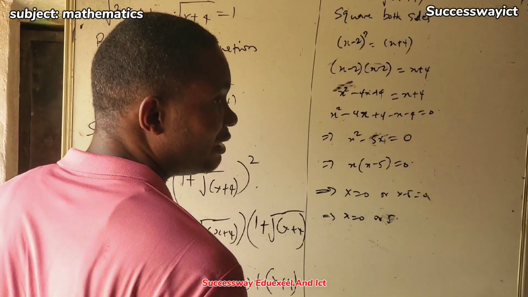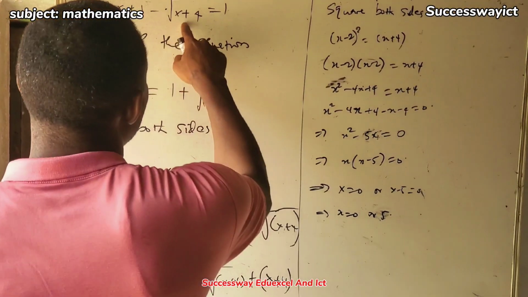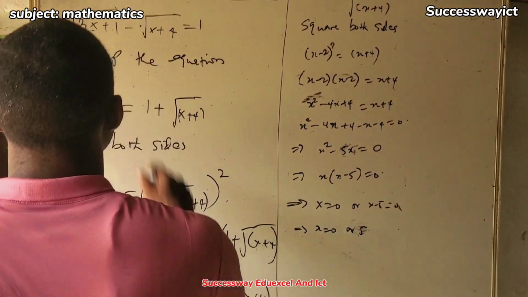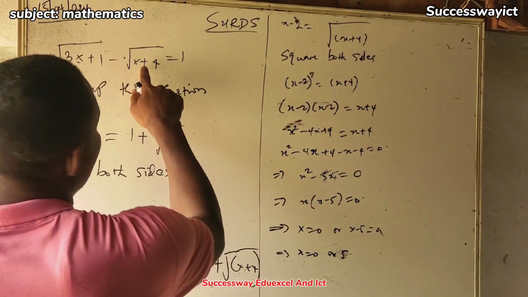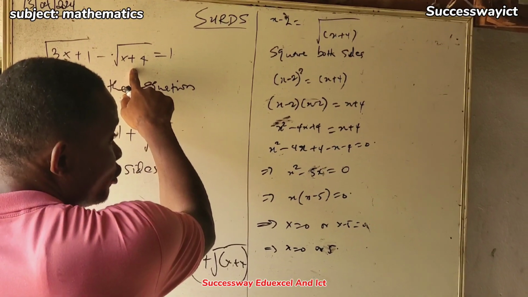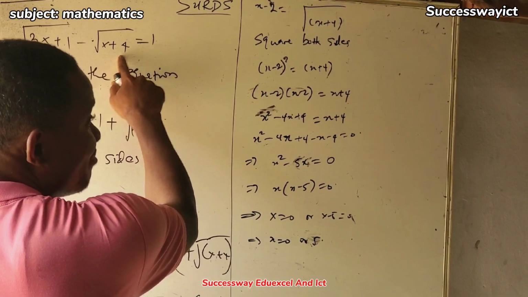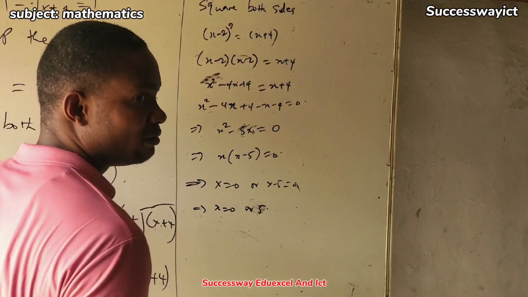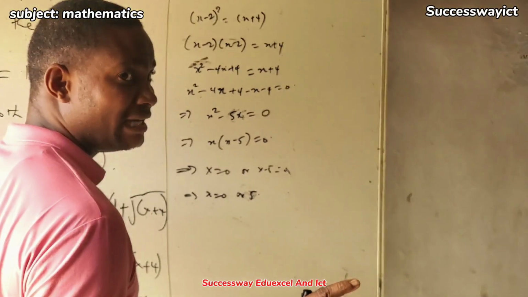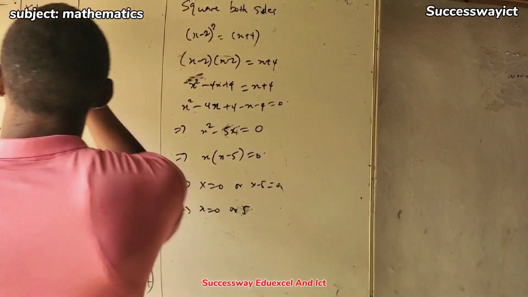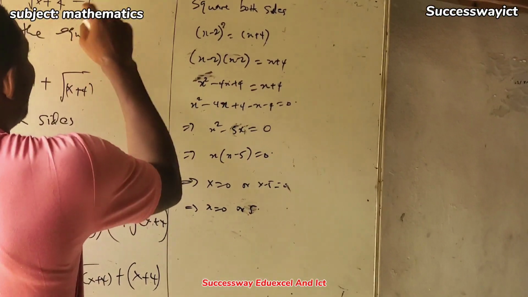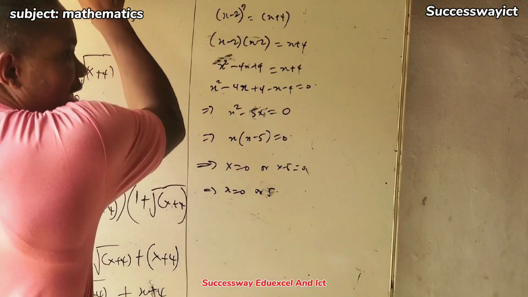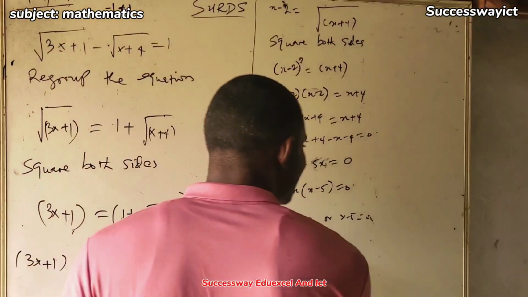Square root of 4 is 2. So 1 minus 2 is minus 1. This implies that x cannot be 0. Are we together? If you put 0 into this equation, your value here is going to be minus 1, which is not equal to 1. By implication, x cannot be 0.